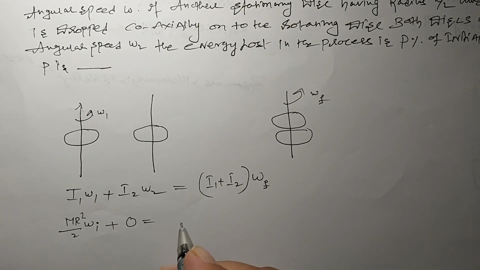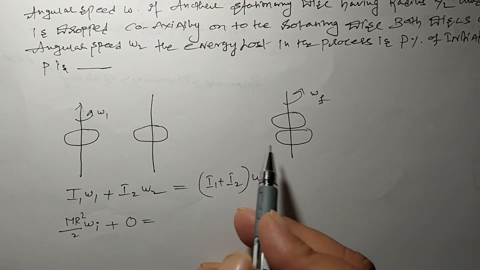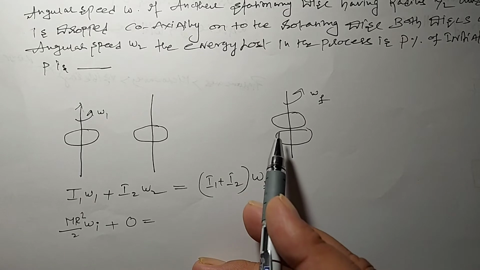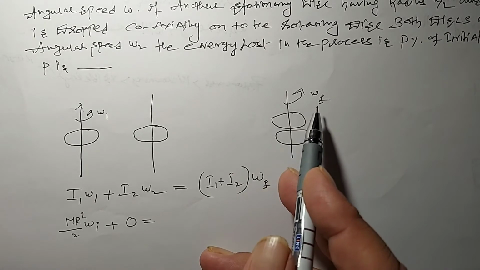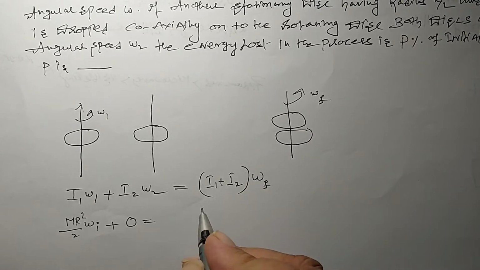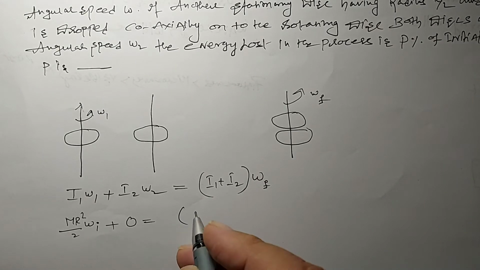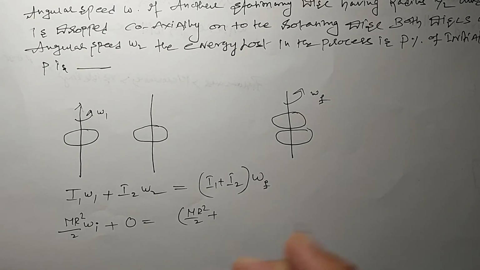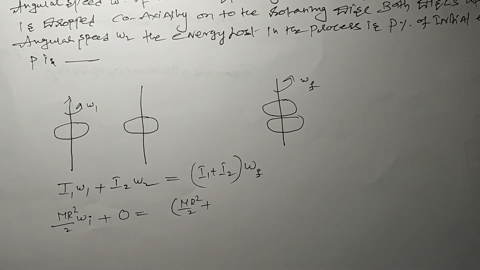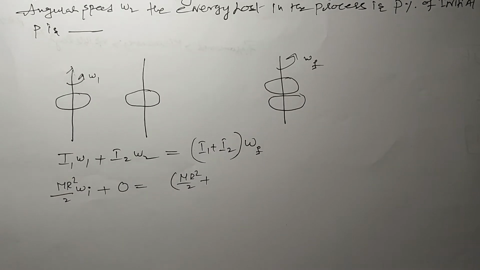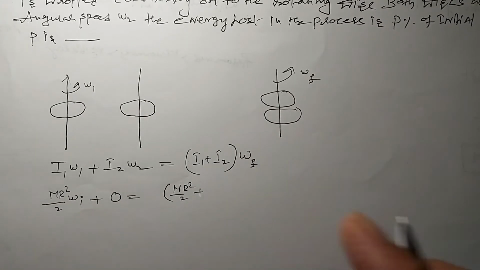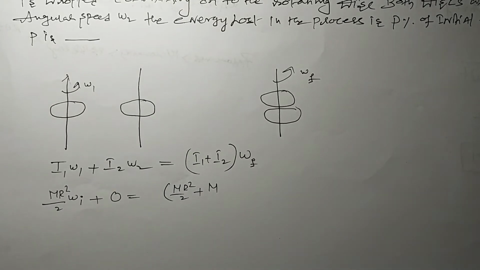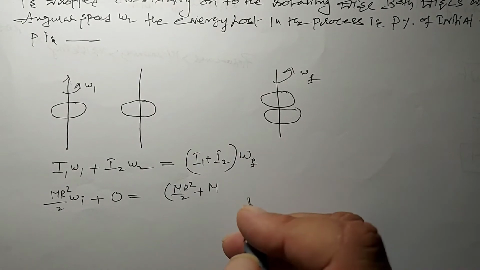Whenever these two disks rotate with a common angular speed omega f, the moment of inertia of the first disk, already we know, is mr square by 2, plus I2. I2 is equal to how much? That is m into, what is the radius of the second disk here? The radius of the second disk is r by 2.